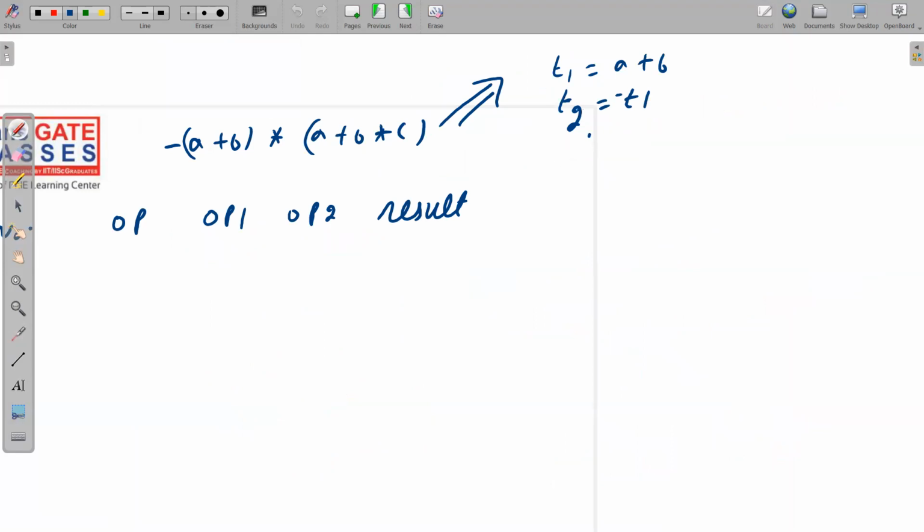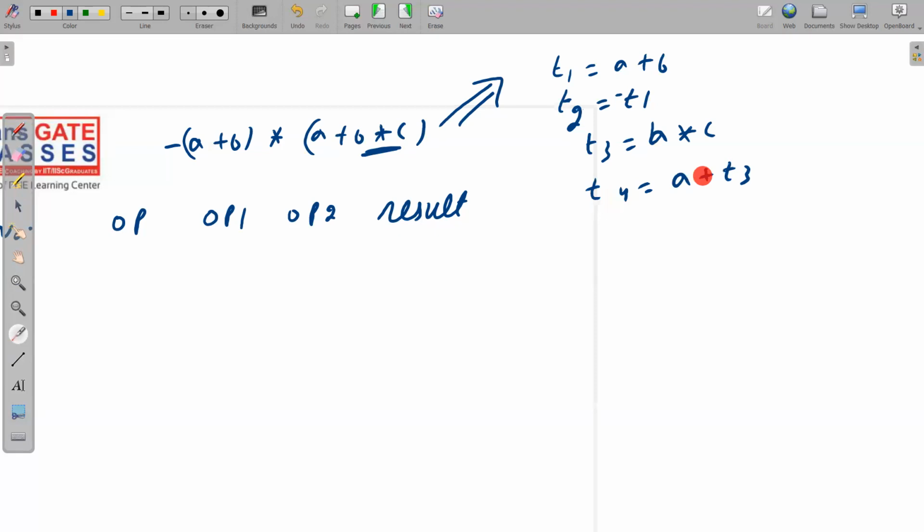Then what we will do? Then we will say T3 is equal to B star C. Now first B star C will be done. Yes, first this will be done. Then T4 will be equal to A plus T3. Okay, are you getting it now? T3 is equal to B star C. Then this will be added with A now.